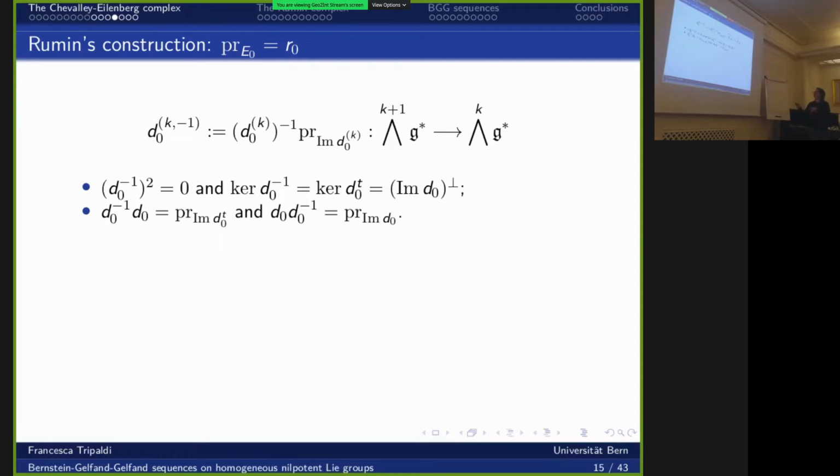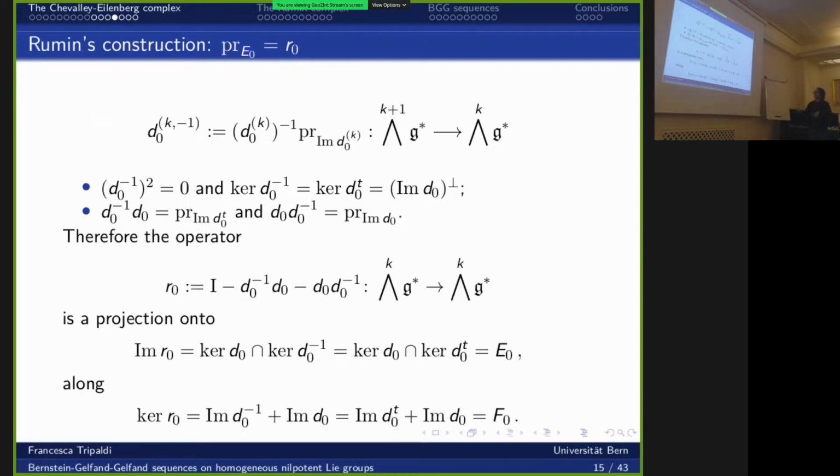You check this. Then if you consider this operator, it is a projection onto the image of R0, which is the kernel of d0 intersected with the kernel of d0 inverse, which is exactly E0. This is kind of boring stuff to check, and probably confusing if you've never done the computations before. But trust me, if you do this, then you're projecting exactly to where you want to project.